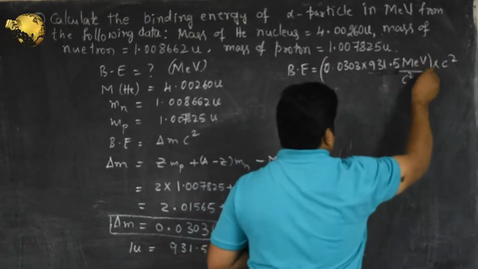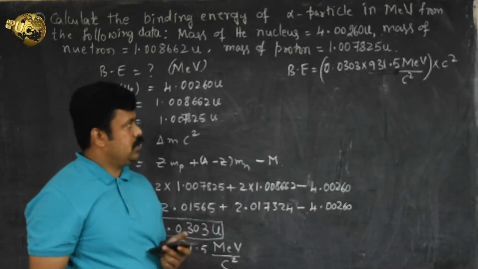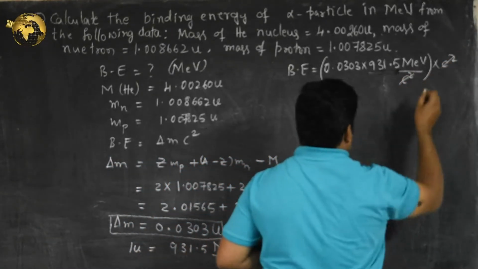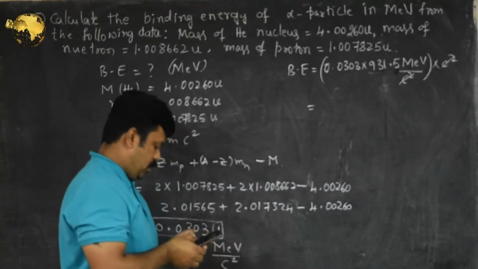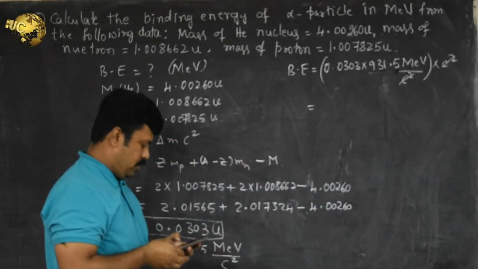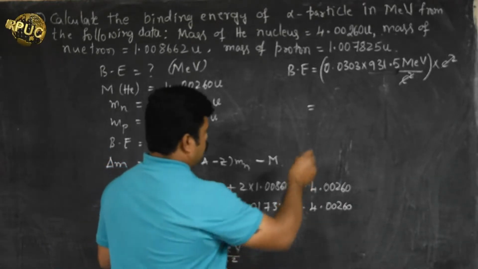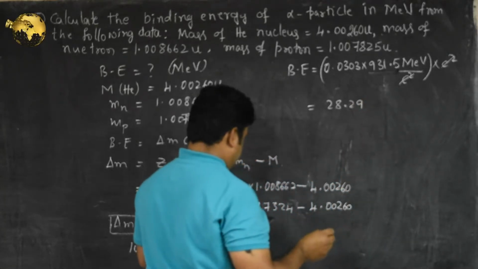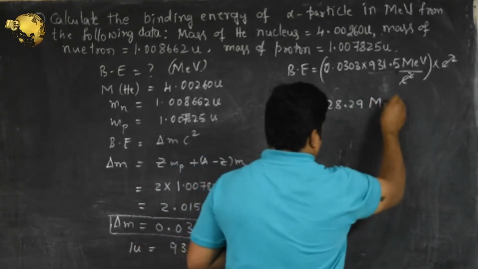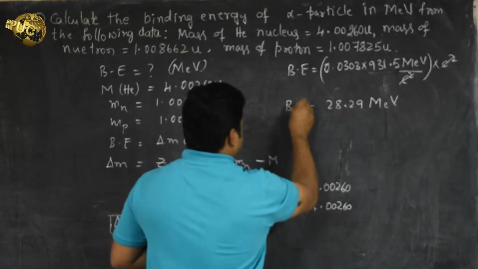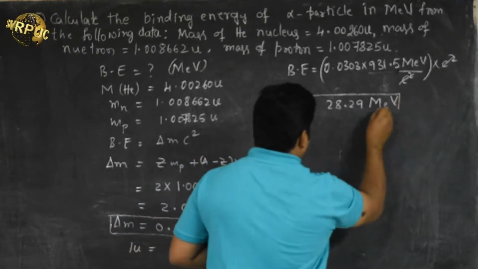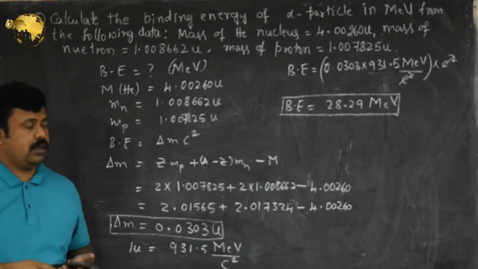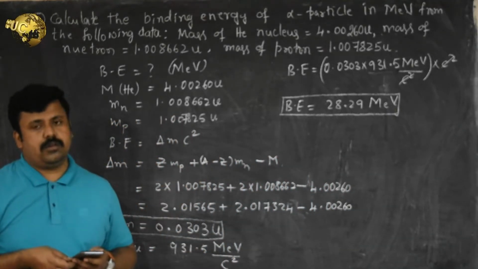This is entirely the mass defect and C square. So the C square and C square get cancelled. This is multiplied by 931.5. So we get 28.29 mega electron volt. So this is the binding energy of the alpha particle in mega electron volts.